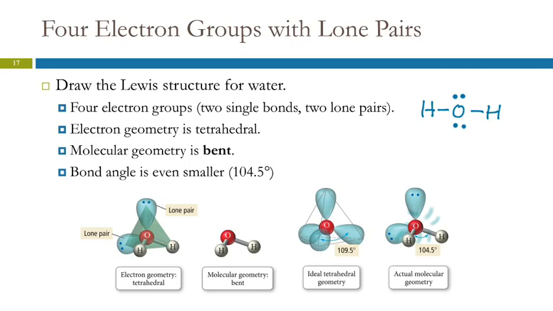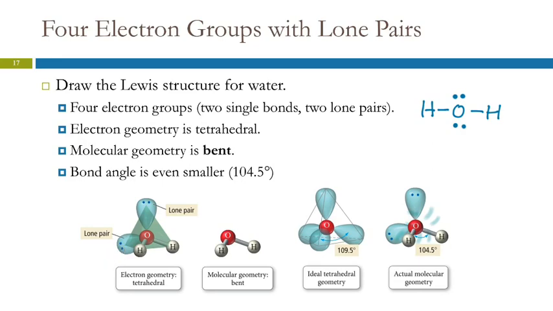Lone pairs are groups, bonds are groups, right? We have 2 lone pairs and 2 bonds. That's 4 groups. So 4 groups makes a tetrahedron. That's the electron geometry, the geometry of the electron groups. It's a tetrahedron. But now 2 of those points are lone pairs.